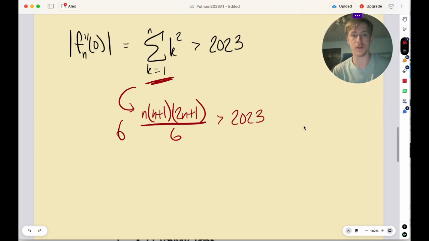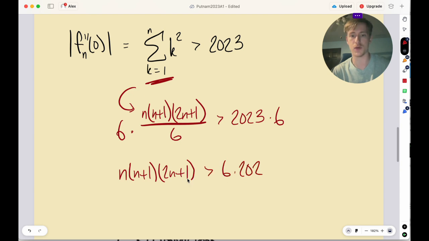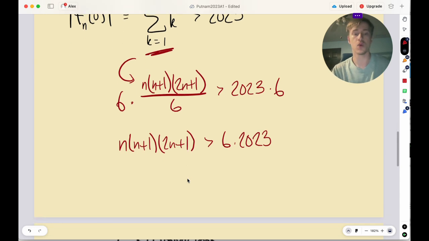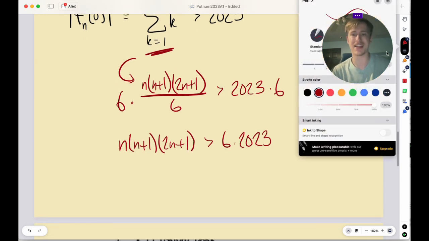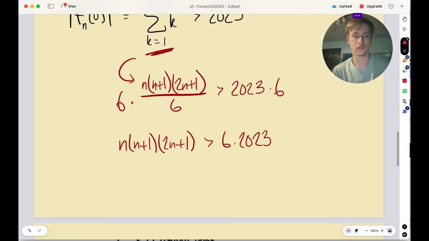First step, multiply both sides by 6. So I get n times n plus 1 times 2n plus 1 needs to exceed 6 times 2023. The second thing I did was I actually just approximated this, because this is asymptotic to 2n cubed.